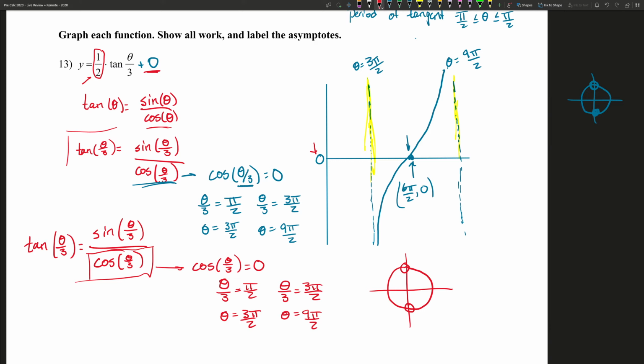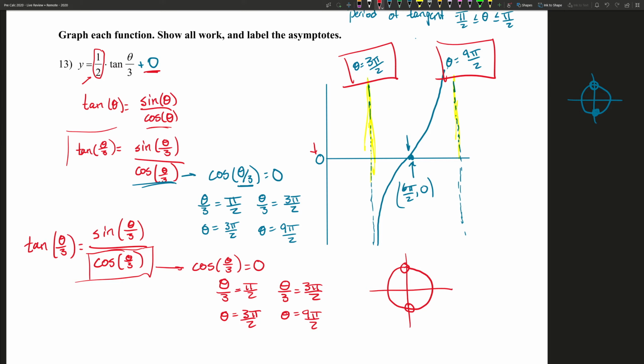Okay, those are our angles which would cause us to have an asymptote, right? That's when the denominator is equal to 0, so we have some undefined behavior there. So that's where these come in. So those are our asymptotes, and then we just draw the S curve down to the left, up to the right, and then we find the center point.